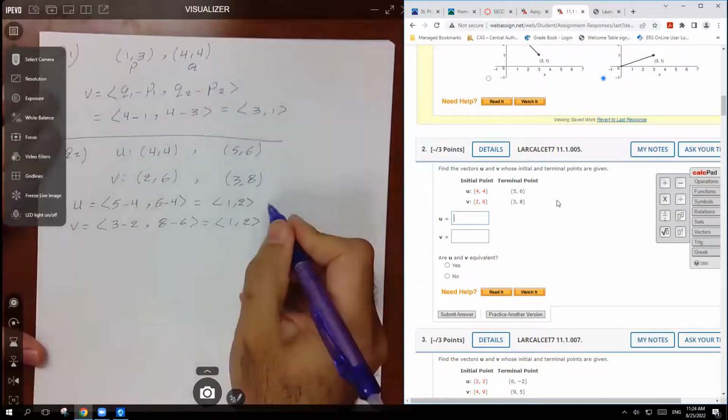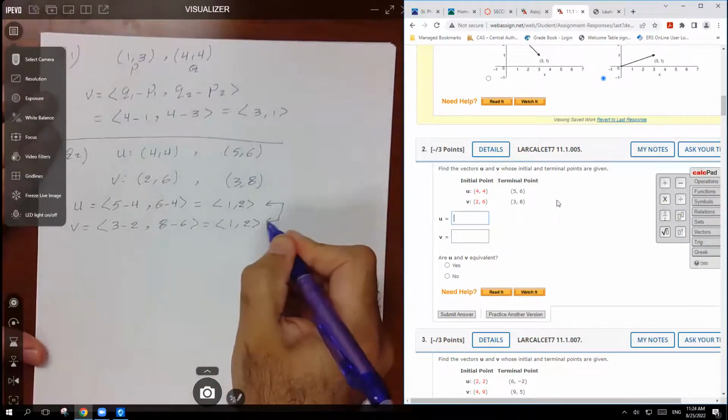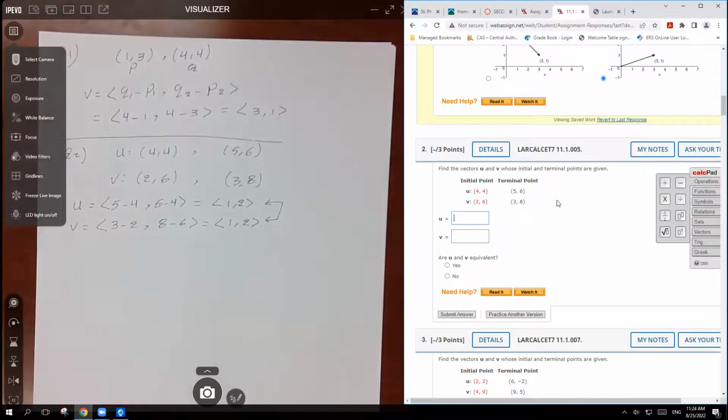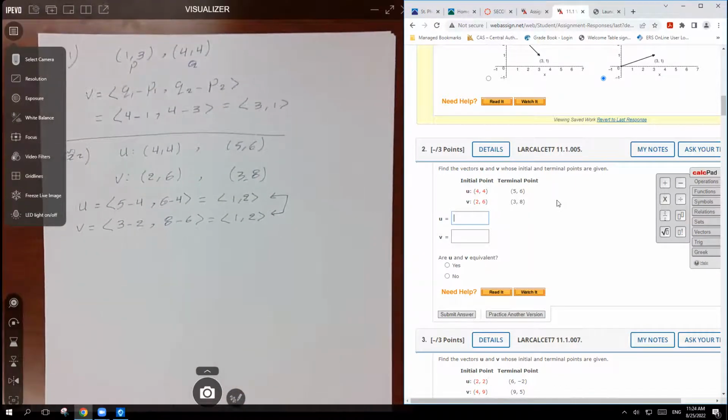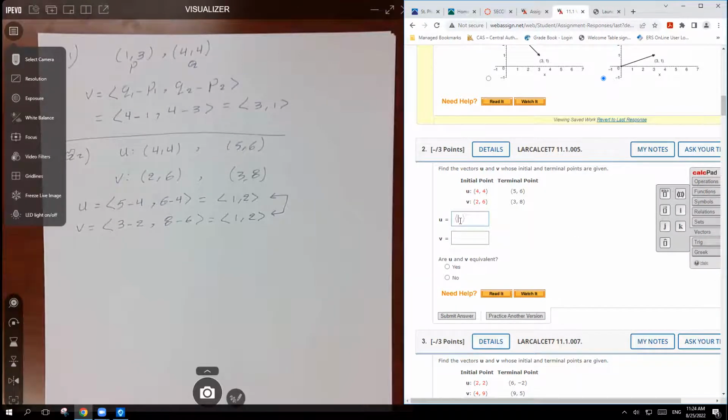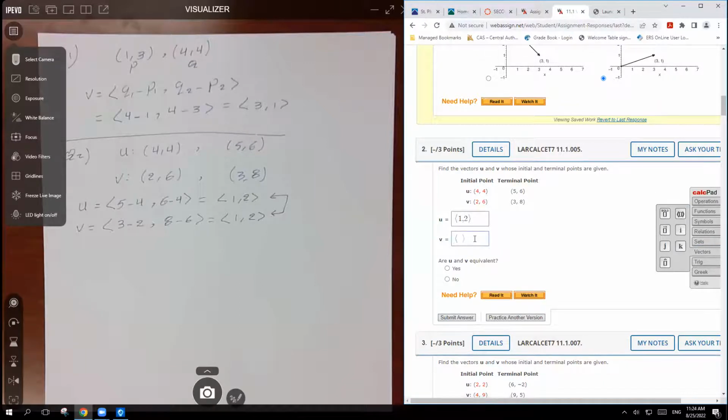By looking at these two vectors, you can tell whether these are equivalent, yes or no? Yes, because they have exactly the same components. So 1, 2, and with the second one, you click on the vectors here. So it's also 1, 2.